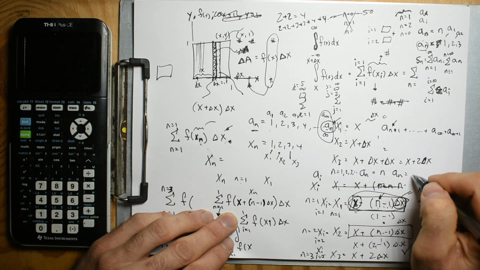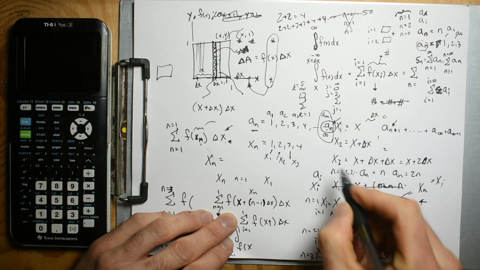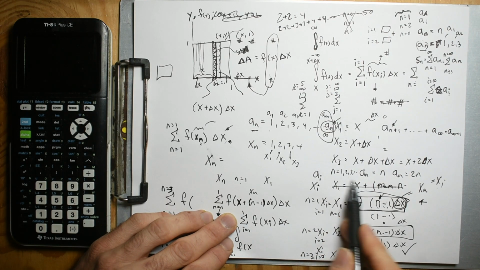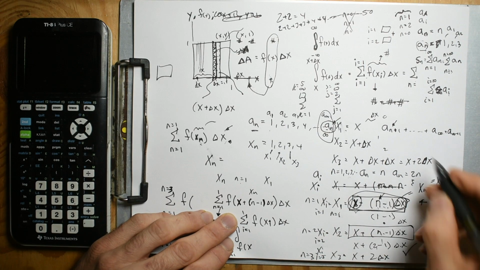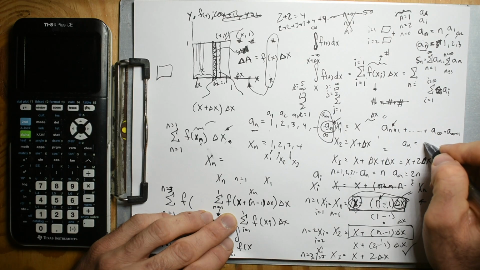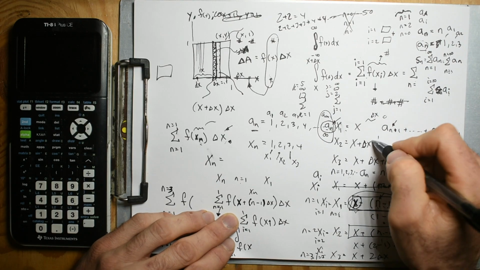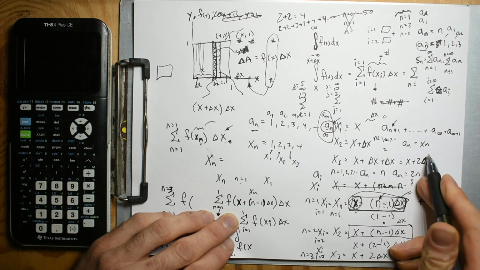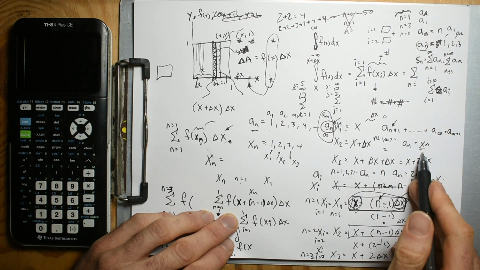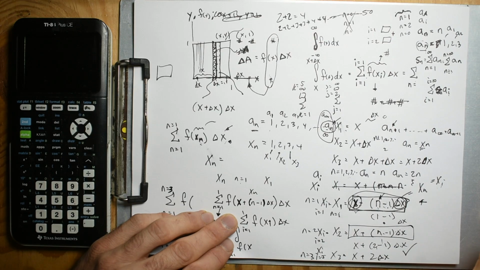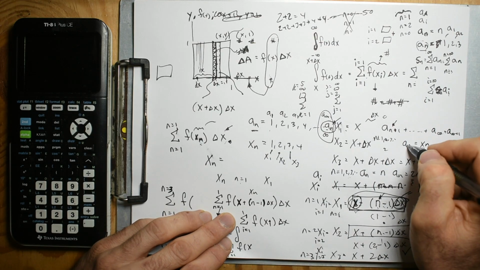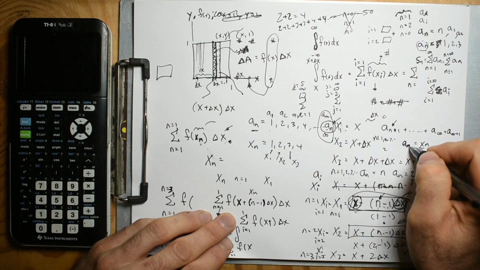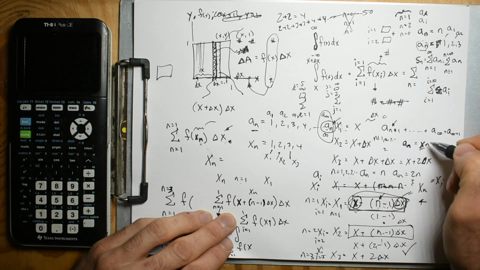If I have a of n is equal to 2n, where n is equal to 1, 2, 3, the 2 does not change. If I have a of n is equal to xn, where n is 1, 2, 3, 4, this x is considered non-changing, constant. This would just be an input.